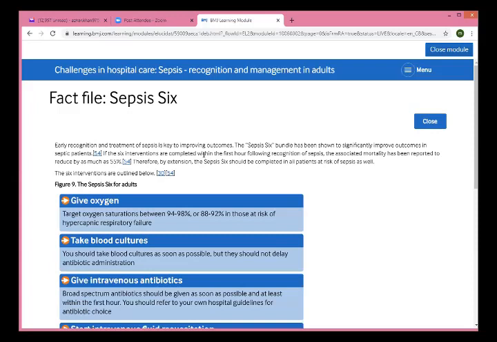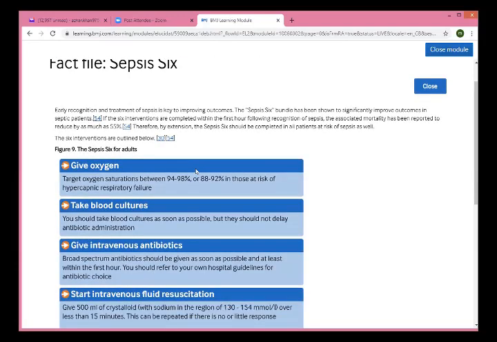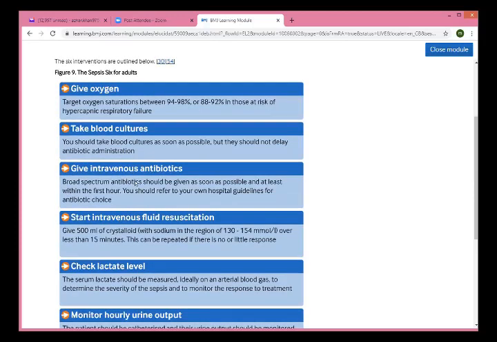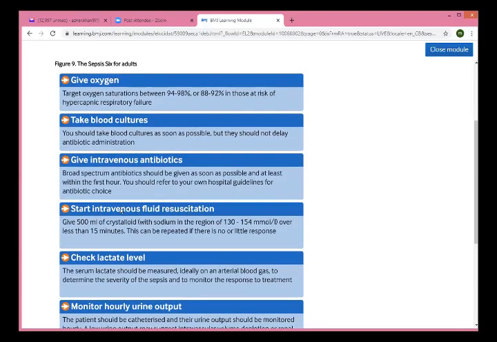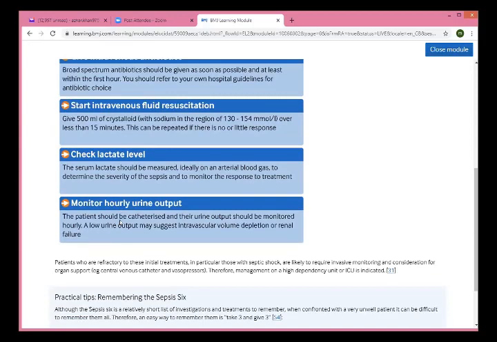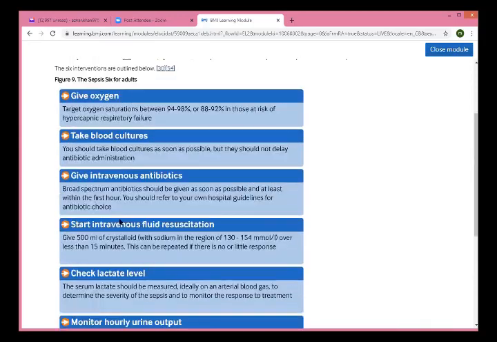Blood culture should be taken as soon as possible. Intravenous antibiotics, intravenous fluid resuscitation, lactate levels to check, and monitor urine output. This is sepsis 6.